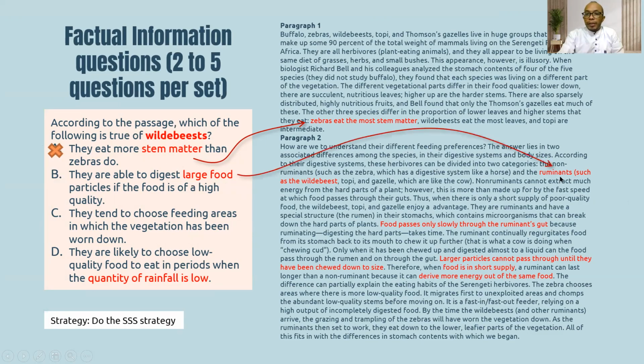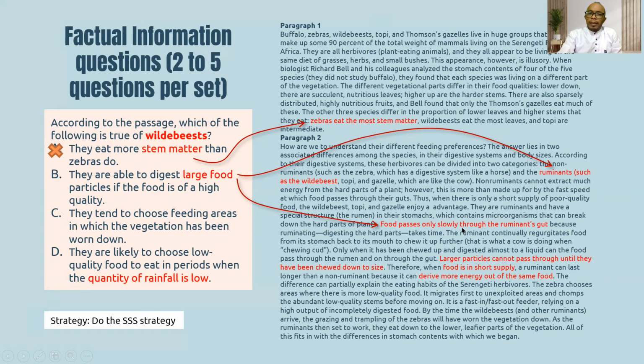Oh, there it is. So this is the information about ruminants, and wild beast is an example of ruminants. And then here, based on the information, the ruminants, the food passes their gut only slowly.